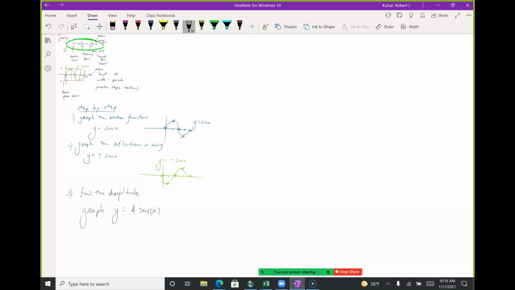So let me give you my version. Y equals 2 sine of 2 times x minus pi over 3, all plus 1. So it's the worst possible. This is as bad as they get.